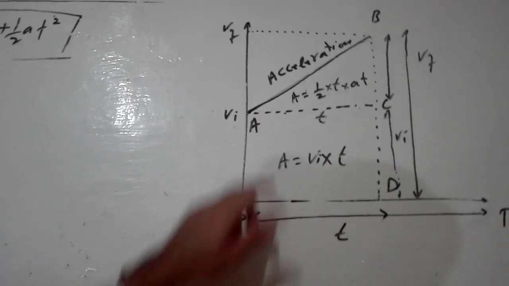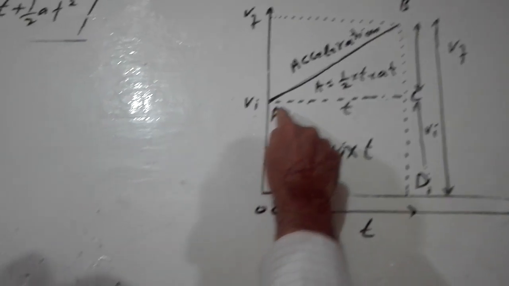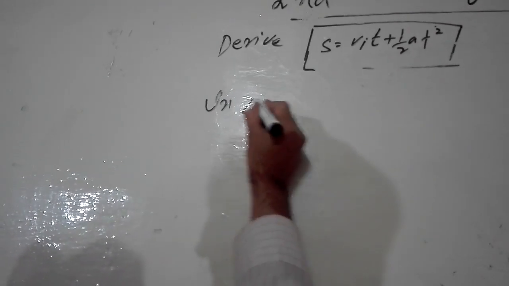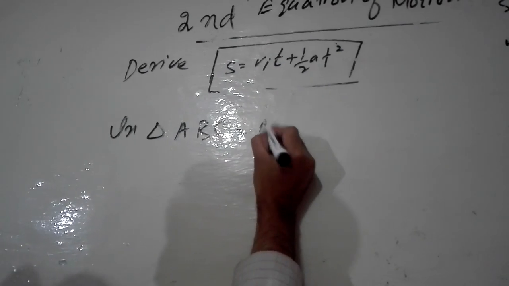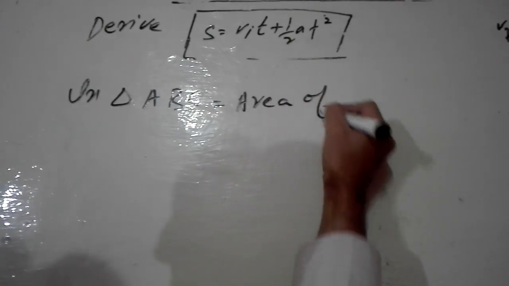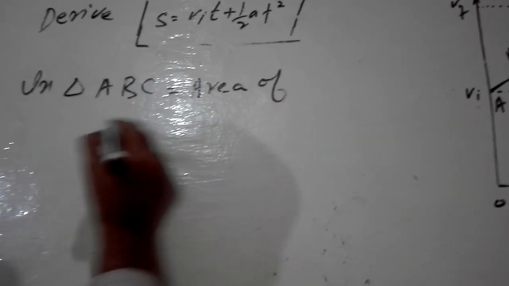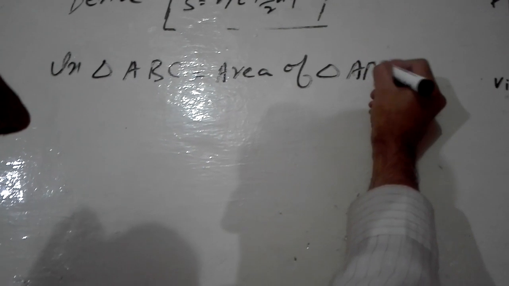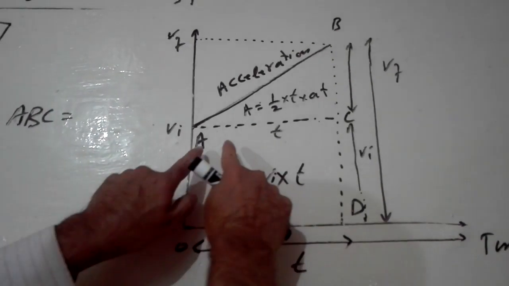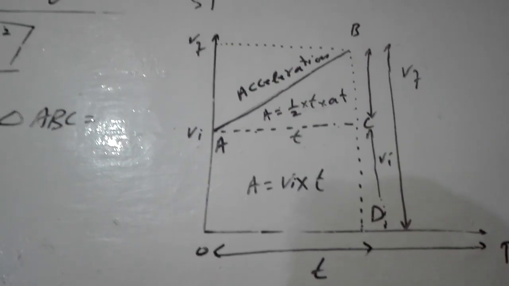Okay, so first of all, I will go to the triangle ABC. In triangle ABC, I will write the area of triangle ABC. How to find the area? Area is half base into height. So what is the base?